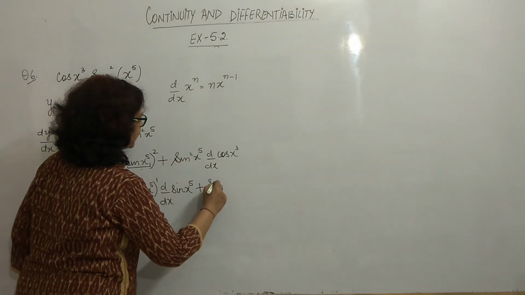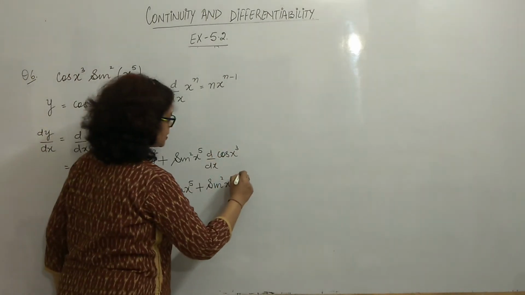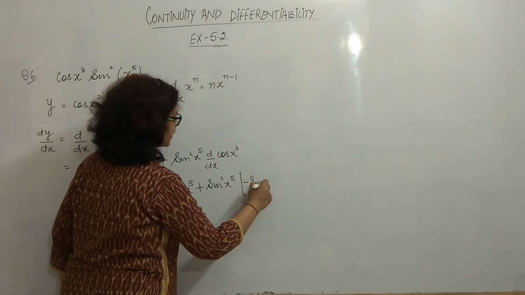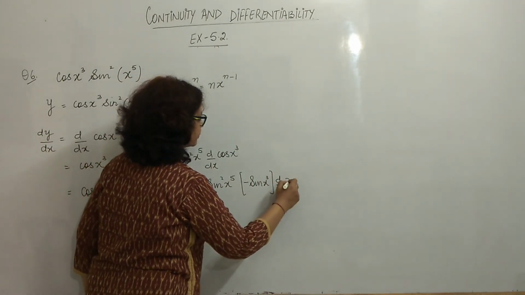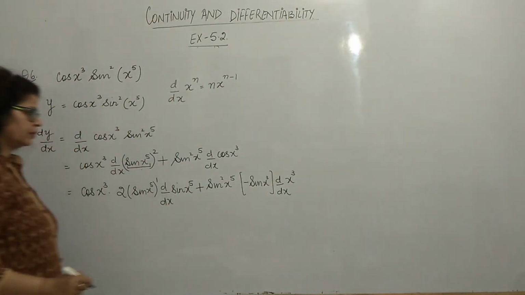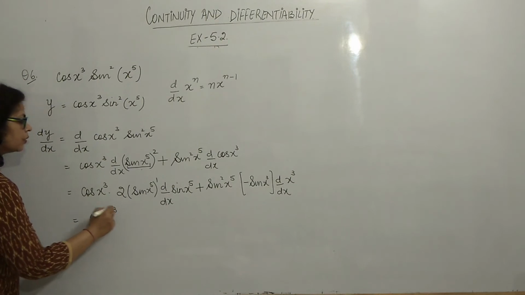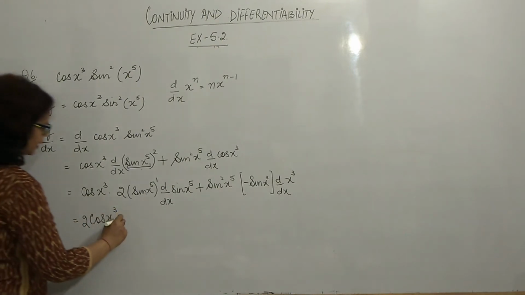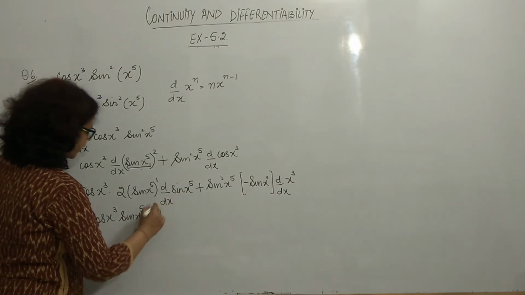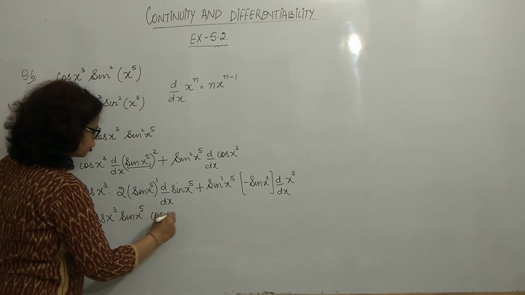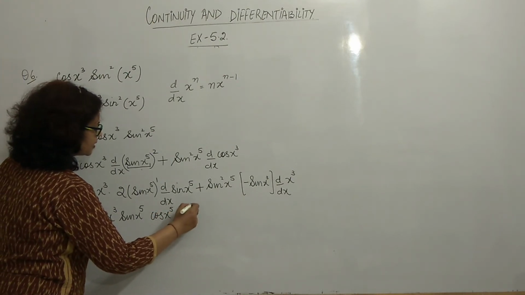Now, sin square x to the power 5. The derivative of cos x cube is minus sin x cube, and the derivative of x cube once again. Write cos x cube here, sin x to the power 5, the derivative of sin x to the power 5 is cos x to the power 5, and the derivative of x to the power 5 once again.